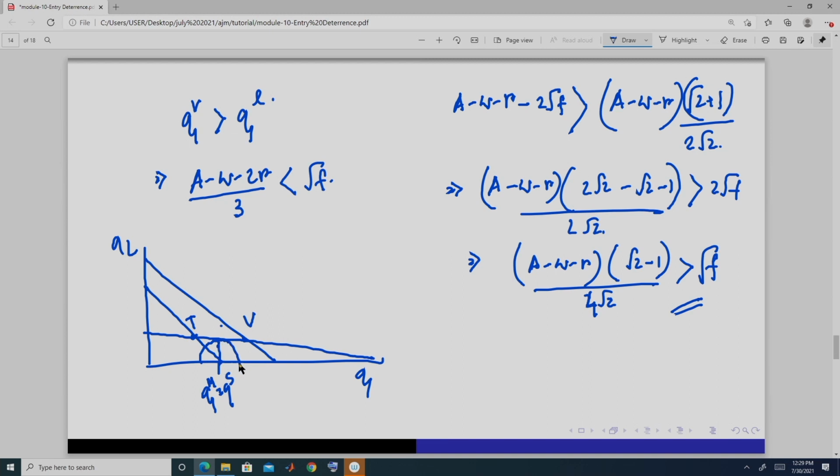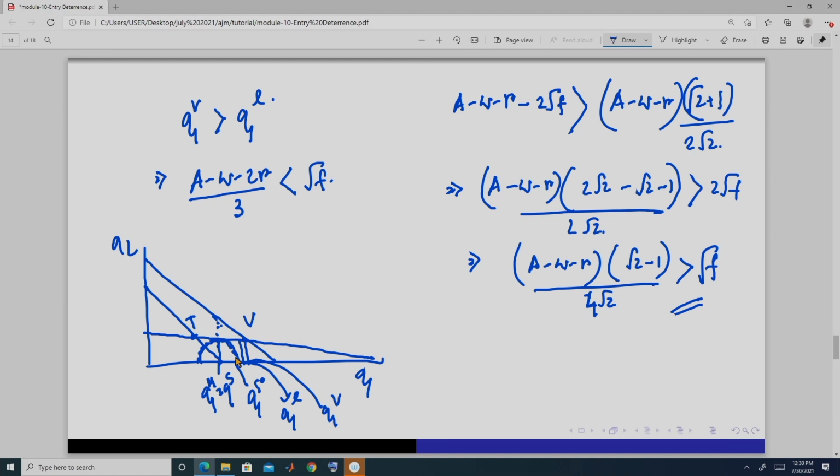So, this is Qs, this is Q1S naught. Suppose this point is Q1L and this point is Q1V. Now, if it accommodates, then what is going to happen? If it accommodates, it can do the Stackelberg and it is going to get this profit, right.